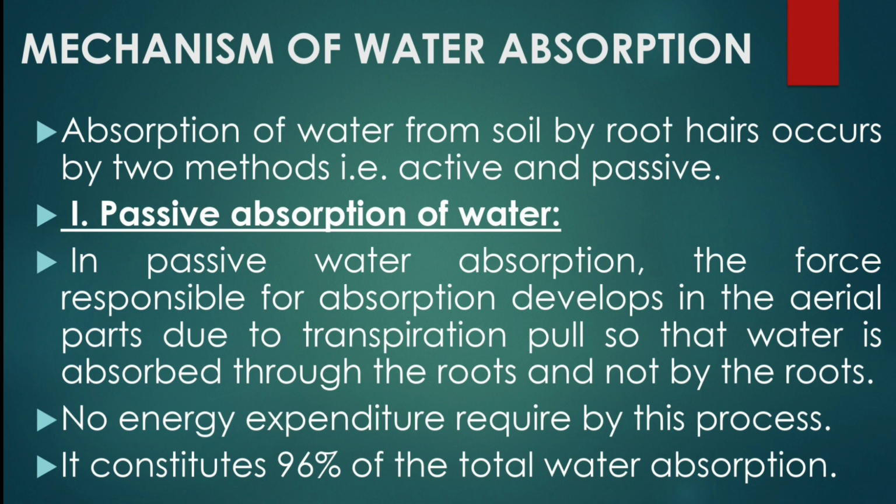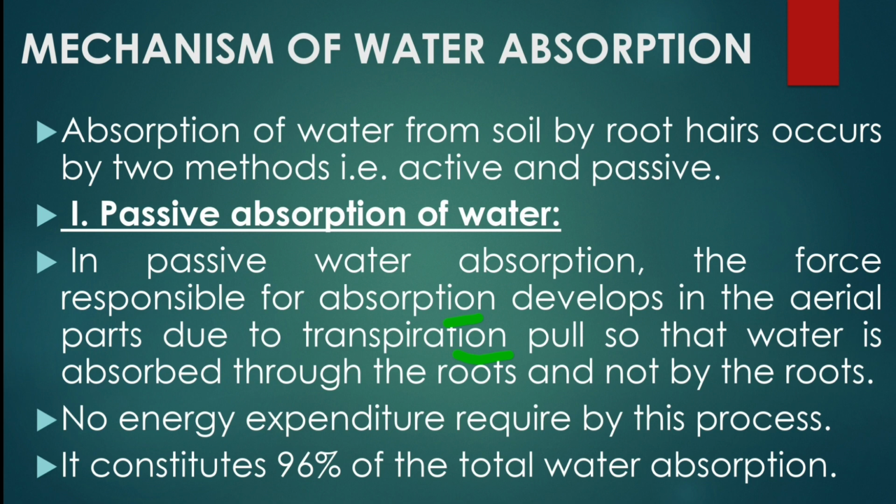In passive water absorption, the force responsible for absorption develops in the aerial parts due to transpiration pull, so that water is absorbed to the root, not by the root. I will discuss the transpiration process in detail in my next class. Transpiration means the release of water in the form of water vapor through stomata from the aerial part of the plant.